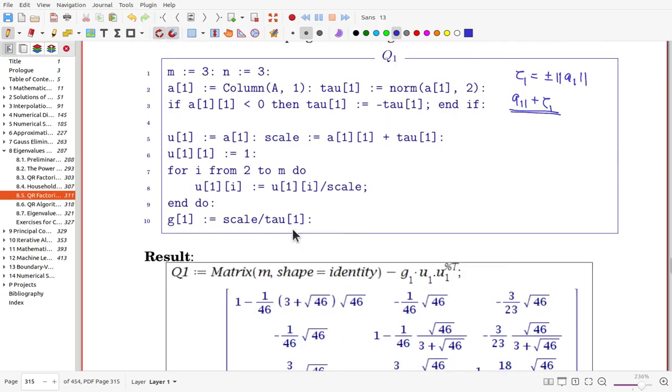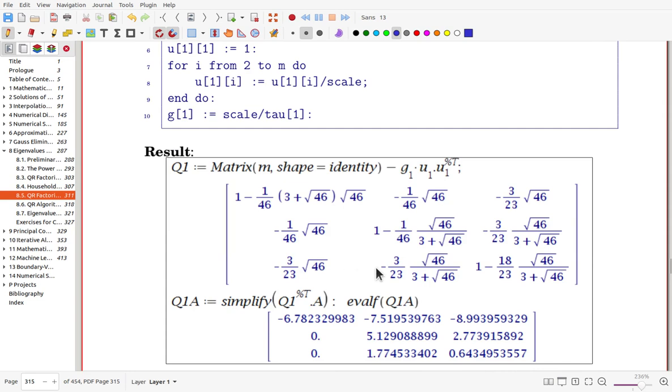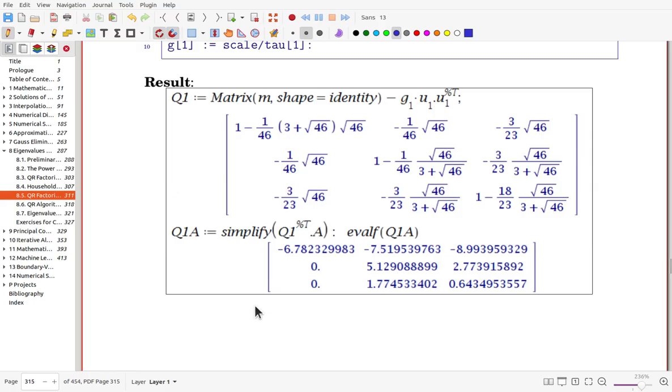Quite simple. And Q1 is identity minus G1, U1, U transpose. That is it. Then Q1 transpose A is made, and in floating point the values are given in this way.